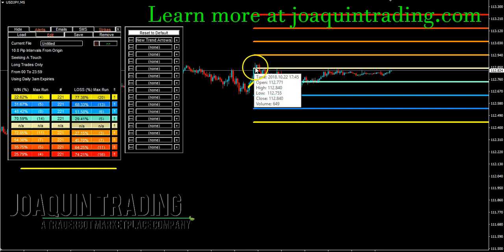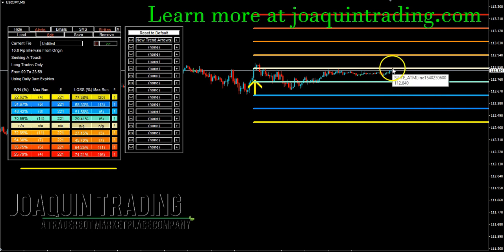Here's where price came in at the open of this bar, and right now price is here. What's the probability that, let's say, this area up here is going to be touched before expiry, or before the end of the contract right here? What's the probability of that? 72%. I can see it right there.